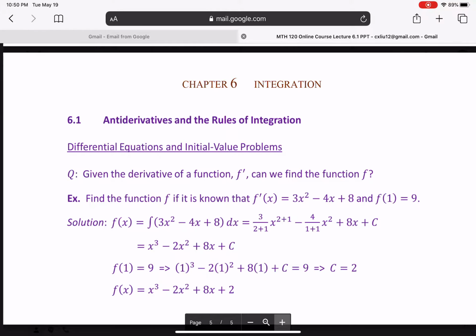So we get x cubed minus 2x squared plus 8x plus c. Plugging 1 for x, we get 1 cubed minus 2 times 1 squared plus 8 times 1 plus c equal to 9. And we can easily solve for c to get 2. This is from the initial condition, by the way. So f of x is equal to x cubed minus 2x squared plus 8x plus 2.